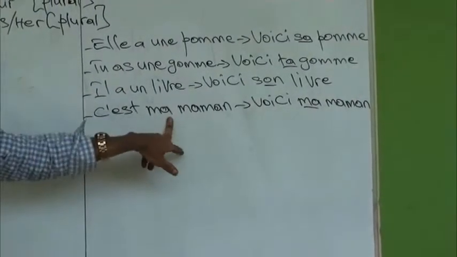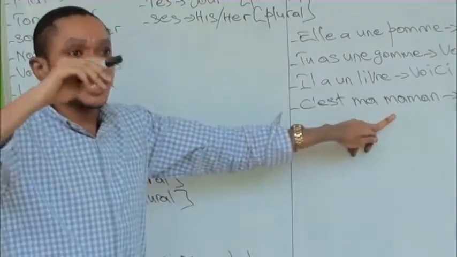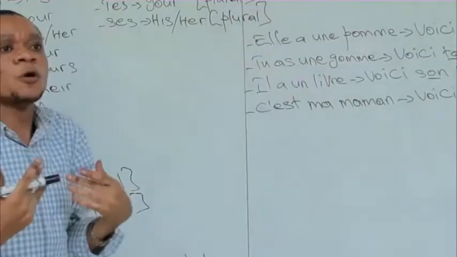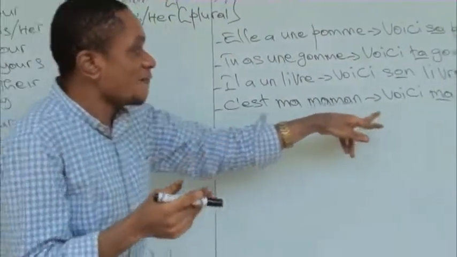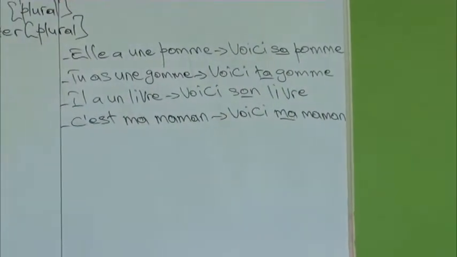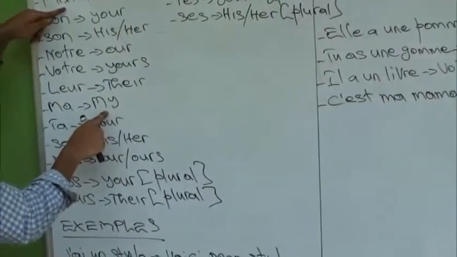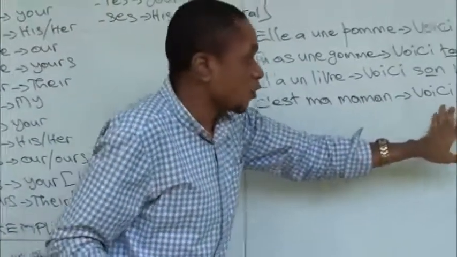When you say c'est ma maman it means she's my mom. So you are talking about your mom. So now you need to talk about it according to the lesson. You will say, voici ma maman, because mommy belongs to you. We are using ma. Ma means mine. So we can use mon or mine, it depends. But here, c'est ma maman. You will answer, voici ma maman.